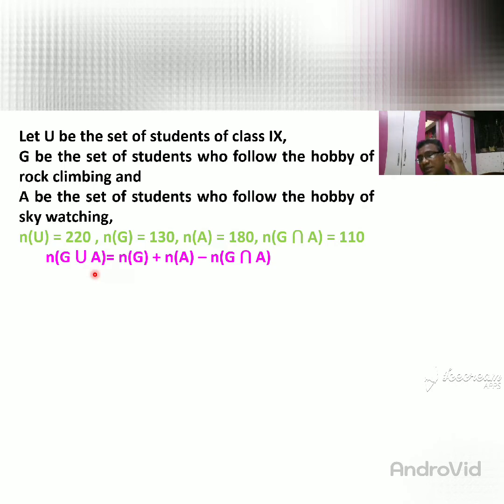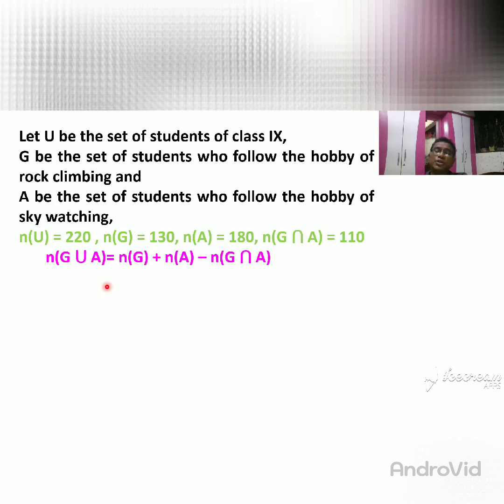So at least one hobby is considered as union. This sign is called union, and this sign is called intersection. So n(G union A) is equal to n(G), rock climbing, plus n(A), sky watching, minus n(G intersection A), both hobbies, rock climbing and also sky watching.